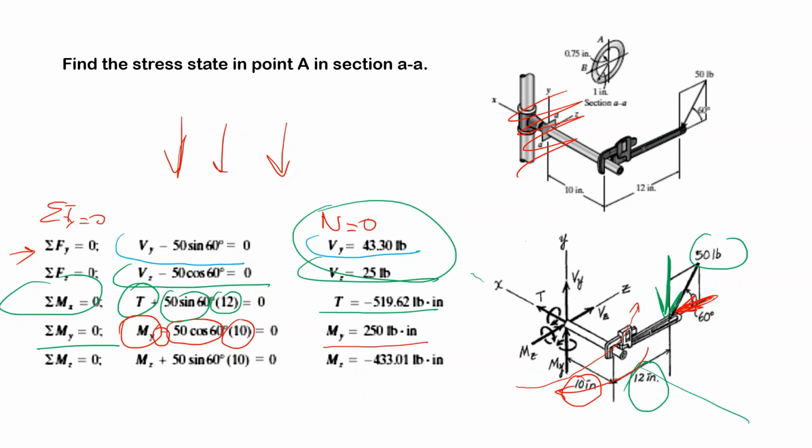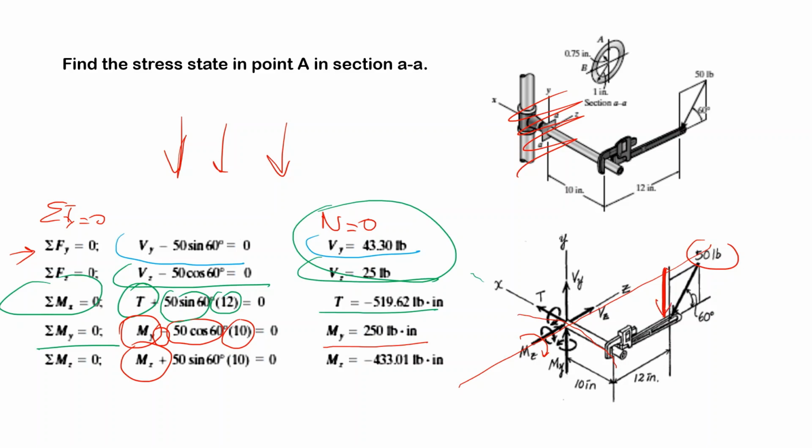Mz, let me clean all this stuff. And Mz is bending around this axis. So it tries to bend the pipe like this. And this is my positive Mz. And this component of 50, times 10, also tries to bend in the same direction.